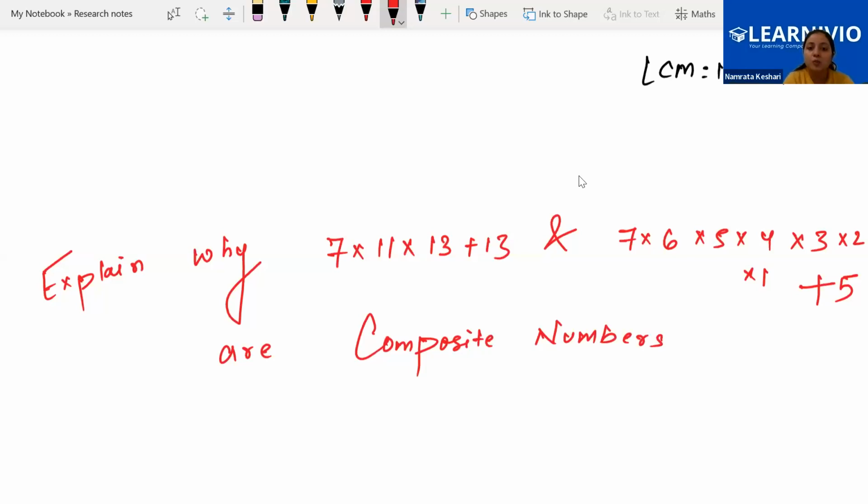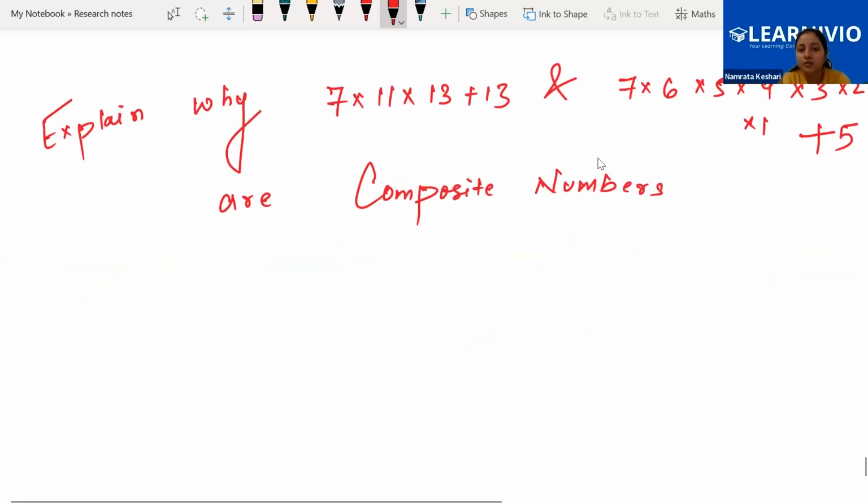Why are these two composite numbers? Why are we going to say that the first one is a composite number? Let me write the first one again. The number which we are having is 7 into 11 into 13 plus 13. Is it a composite number? And if so, why? Anyone?